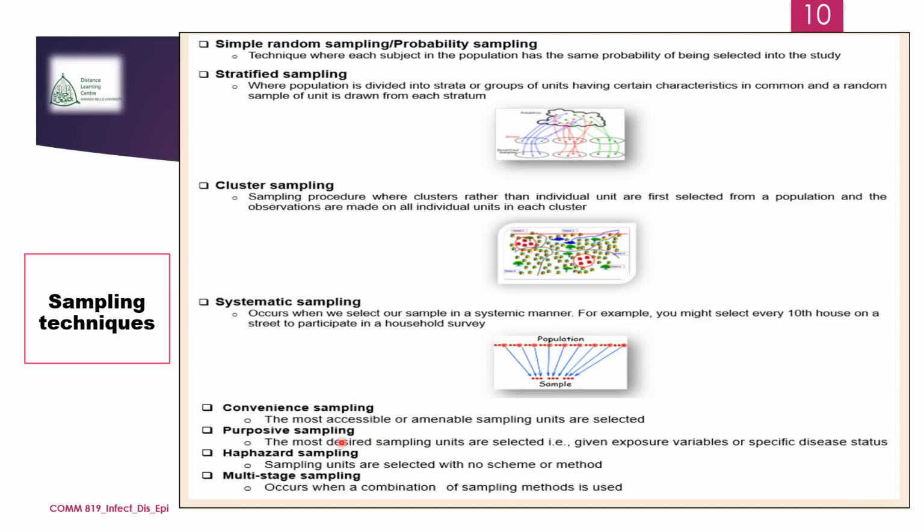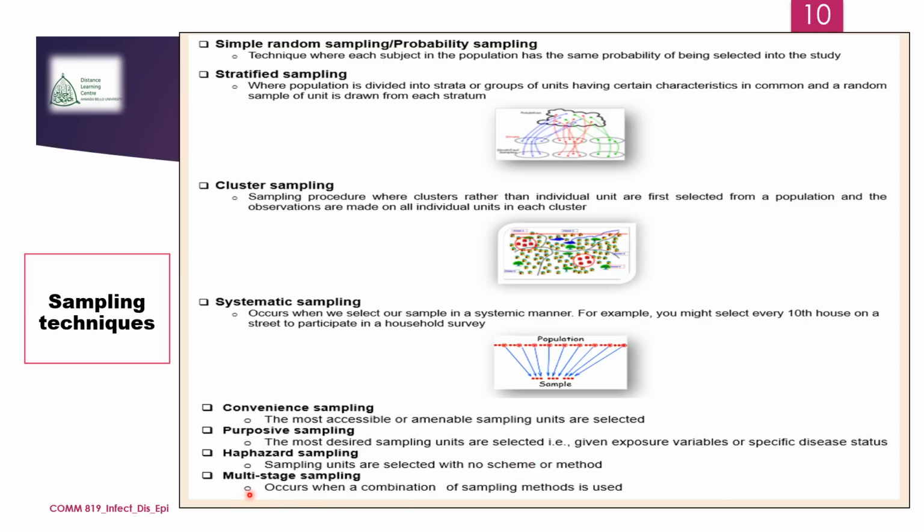For instance, you know that a particular disease is endemic to a particular part of a community, and based on that prior knowledge, you may decide to just go and sample there. Then haphazard sampling. Sampling units are selected with no scheme or method. They are sampled haphazardly.